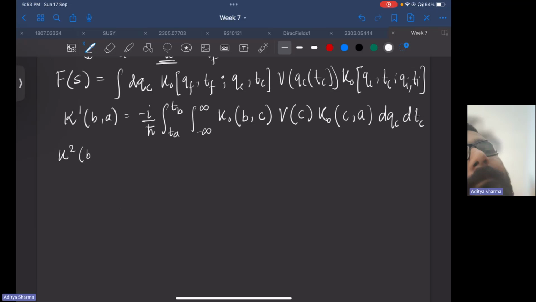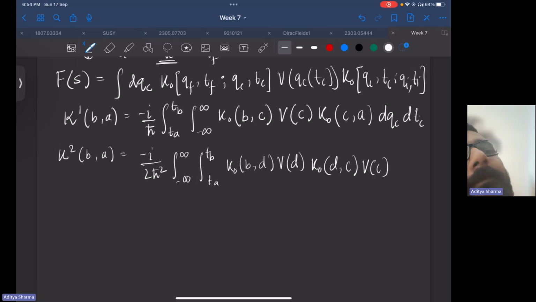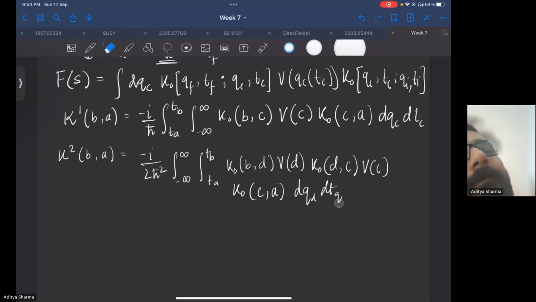Similarly, k2 is minus i by h bar plus k naught V k naught, dqc dqc.